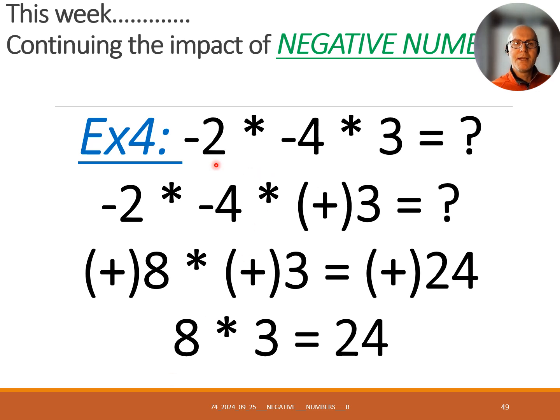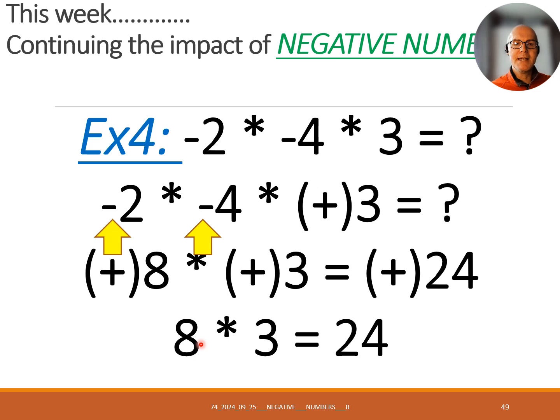Example 4. Negative 2 times negative 4 times positive 3. Let's put that positive sign in. Negative 2 times negative 4. Negative times a negative equals a positive. Negative 2 times negative 4 is positive 8.